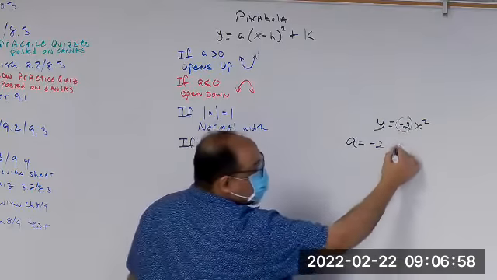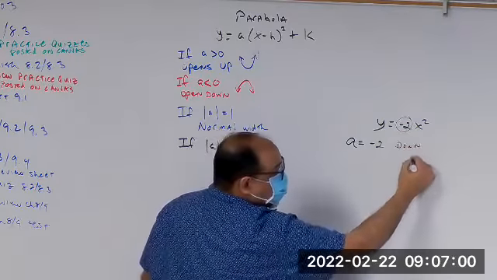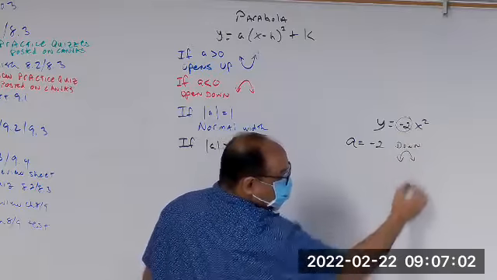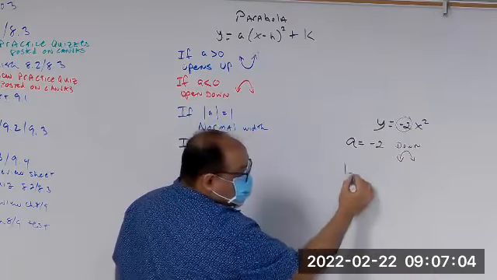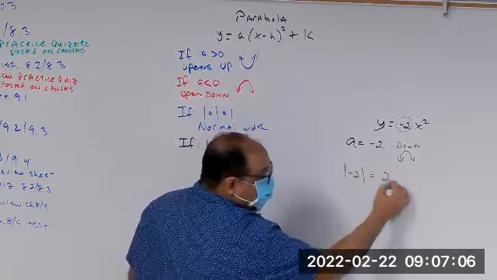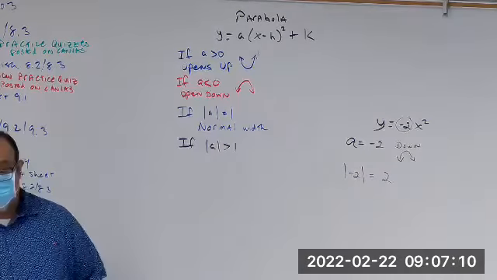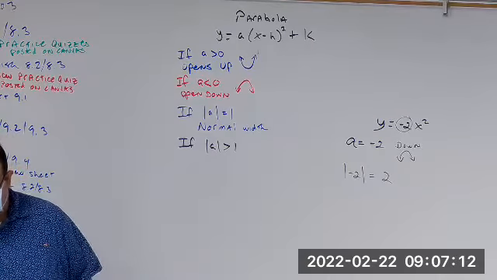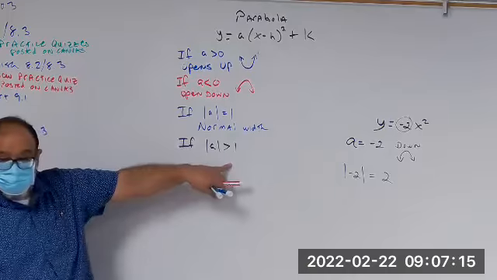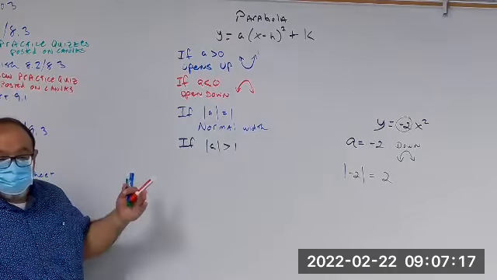So you know it's going to go down. When you graph it, you better draw it down. The absolute value of -2 is +2. That's what I'm concerned about. If the absolute value of A is greater than 1, it's going to be more narrow.